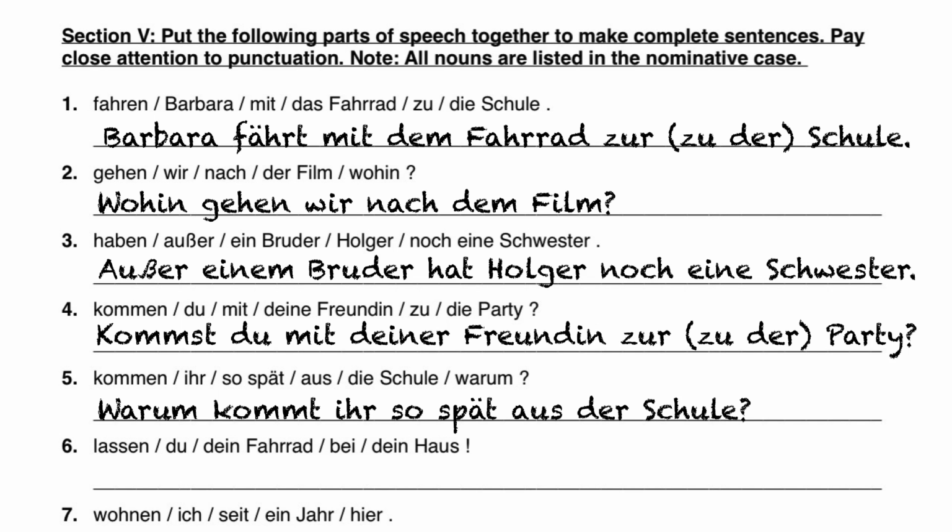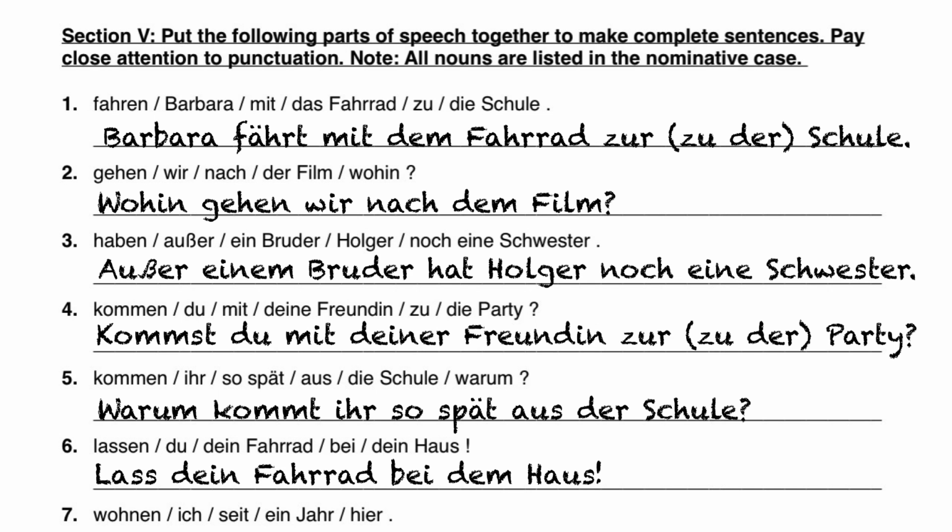Nummer 6. This one's a command, and we have a du form here, so we have to have the du conjugation minus the st, but since we have a verb that ends in an s at the stem before we conjugated it, we don't lose an extra s, so it's just L-A-S-S, lass. Leave your bicycle by the house, or at the house, near the house, adjacent to the house, however you want to translate that.